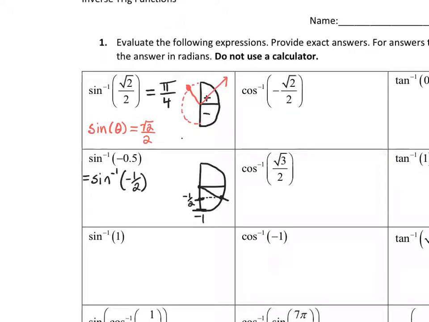Now I could go all the way around to 330 degrees or 11 pi over 6 to get there, but that's not what inverse functions say to do. So what I need to do is instead go there in the shortest distance possible. And the shortest distance possible is negative pi over 6, or negative 30 degrees.